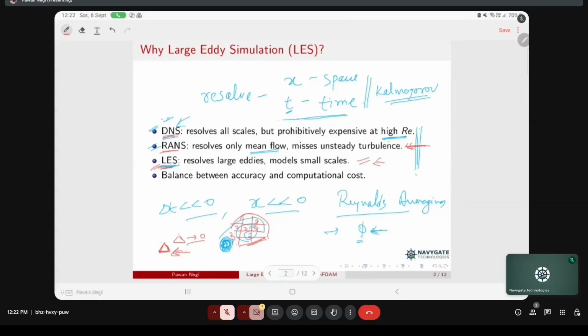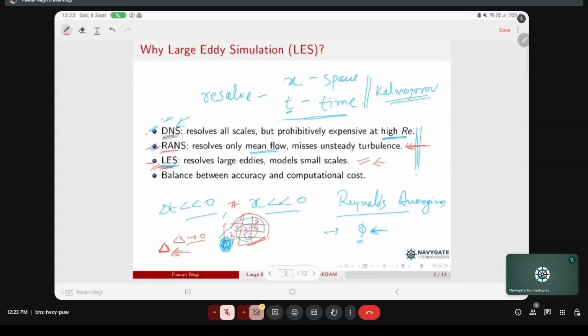So away from the wall also, the requirement of cells is high for large eddy simulations. Therefore, the overall expense of the computation is in the order of first lowest RANS, then LES, then DNS.